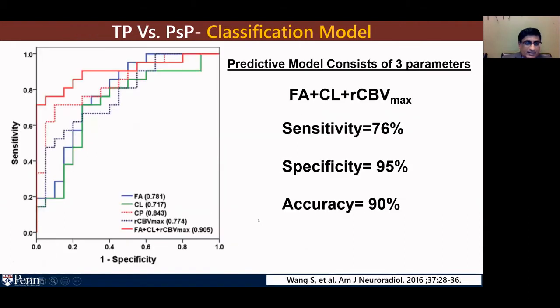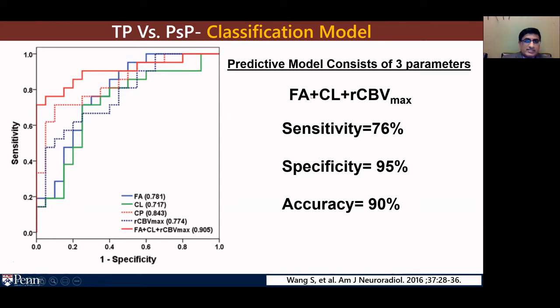So when we did the different statistical analysis, especially the multivariate logistic regression analysis, we came up with a particular classification model, or predictive model. And this model particularly selected 3 main parameters: fractional anisotropy, coefficient of linear anisotropy, and maximum value of the relative cerebral blood volume.